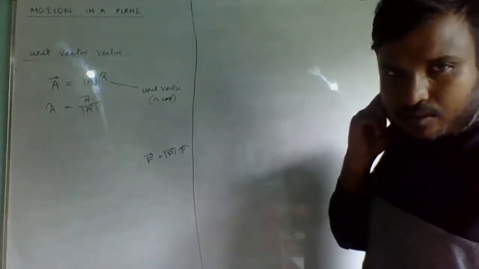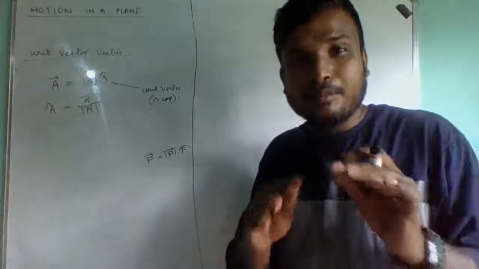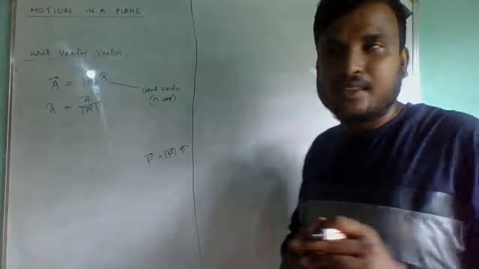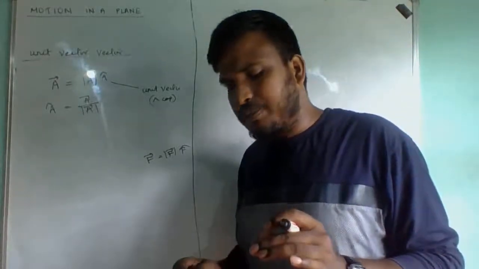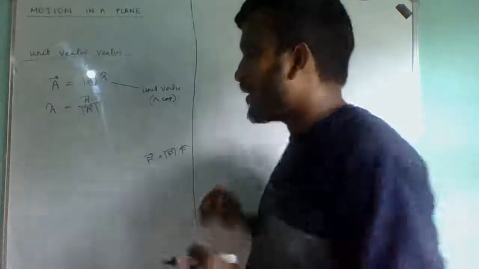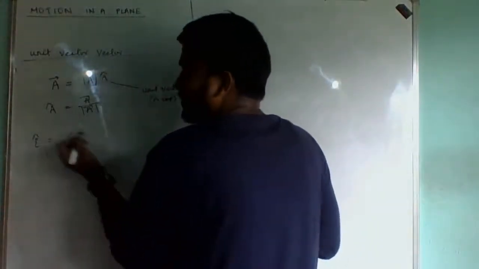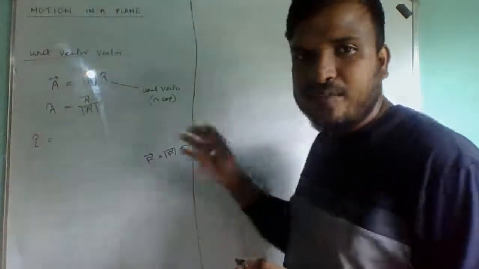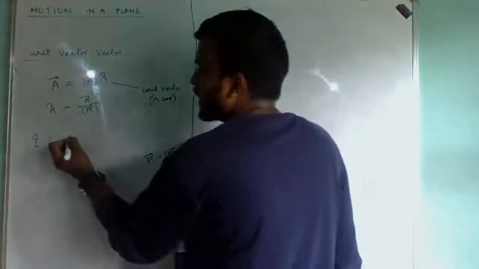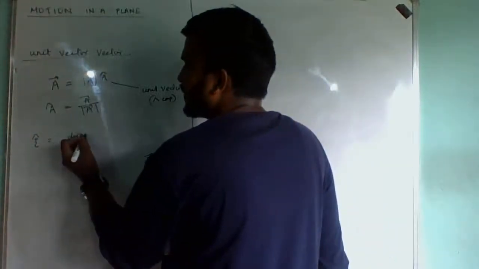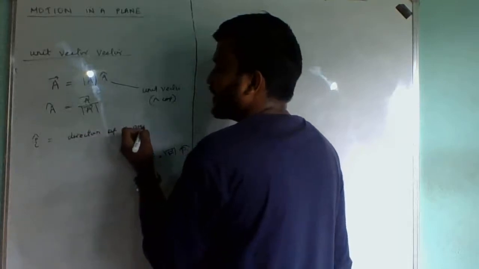Now, there are three main unit vectors. Number one is i cap. i cap is a unit vector that indicates the direction of the x-axis.